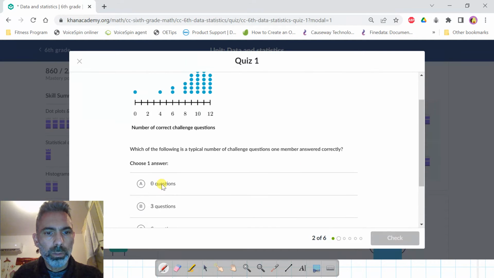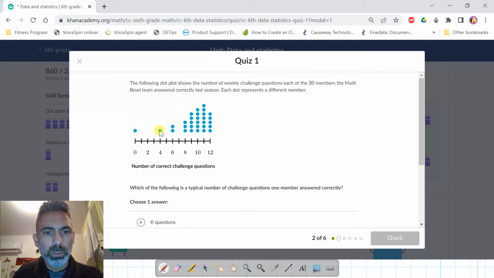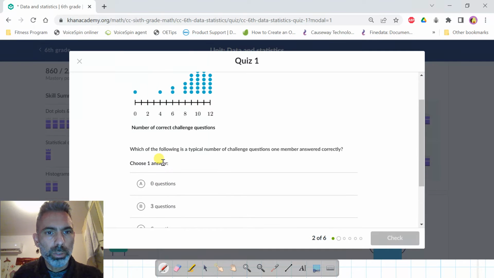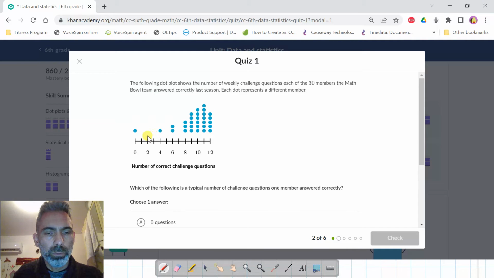Okay, so 0 is not typical because only one member had 0 correct challenge questions. 3 questions. No, this is much to the left of the number line. We see the bulk of the dots are on the right hand side.